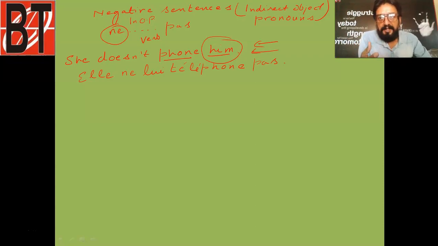The right way is "she doesn't phone to him". To him. So it is correct. But in English, most of the time we omit the articles and the prepositions. So it sounds a little more colloquial, more like our day-to-day language.